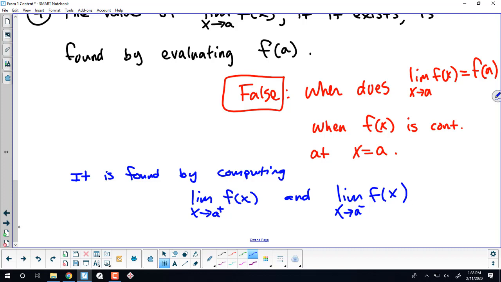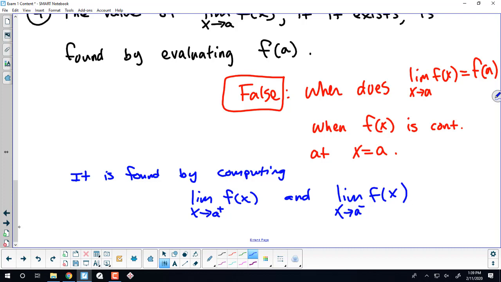No, because limits from the left and from the right are when you have possible discontinuities, right? Asymptotes, breaks or gaps in a piecewise function, that kind of thing. So if the function's continuous, then, I guess that statement is correct, but it's incomplete. Because if we compute both of these, they're the same. So these two things are equal if the function's continuous at a.